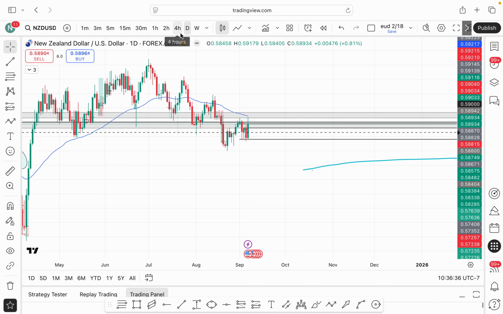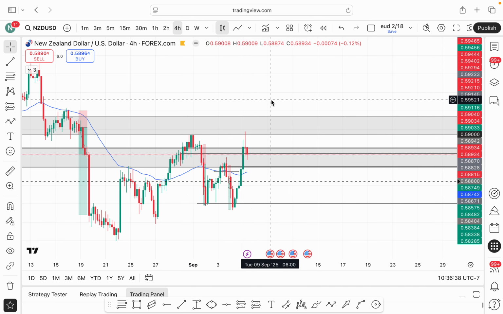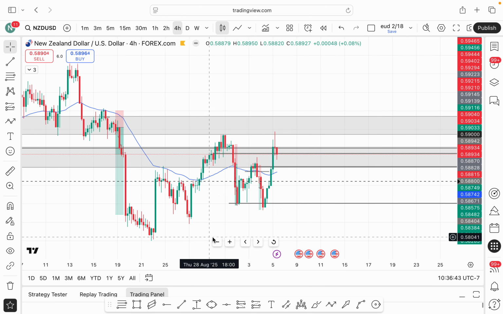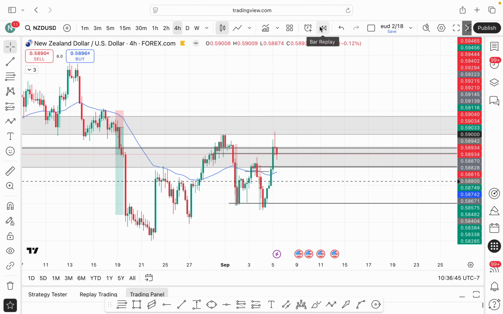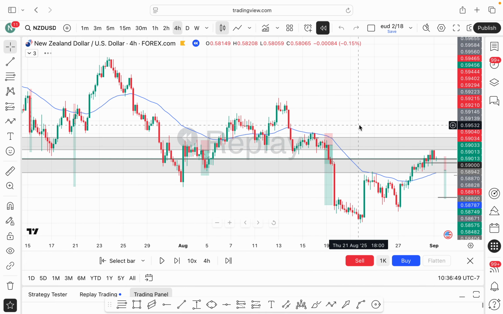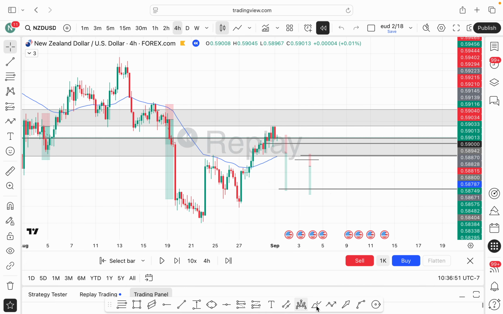So I went to 4 hour, which is my golden time frame. All right, so this is Monday. On Monday, I was waiting for the 4 hour to be broken, and at the same time retesting a potential lower high.